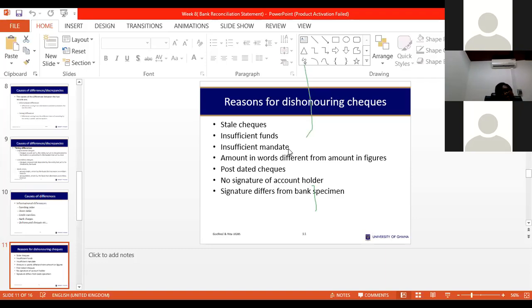But if the figure is huge, banks may not honor it. A post-dated check is a check that has been issued in advance and the date is not yet due. No signature of the account holder, and signature differs from the bank specimen.